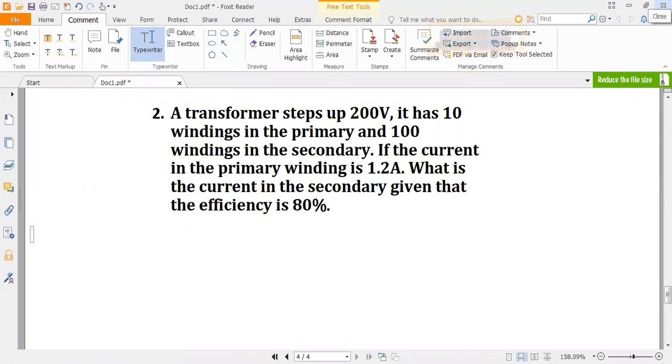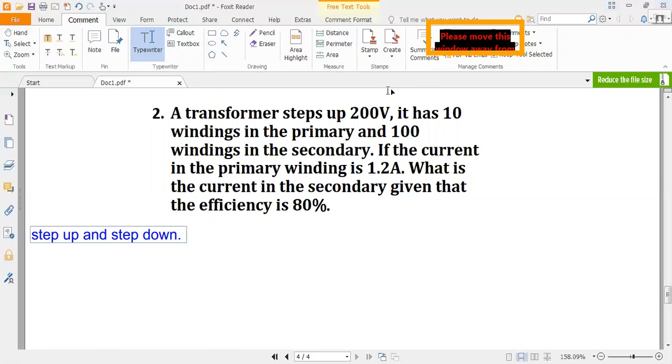Before we look at this question, we have two types of transformers. There is a step-up transformer, and then we also have what we call a step-down transformer.